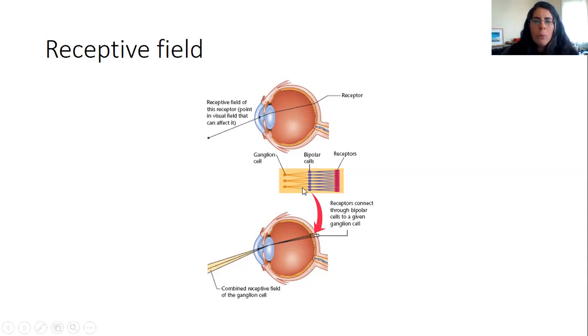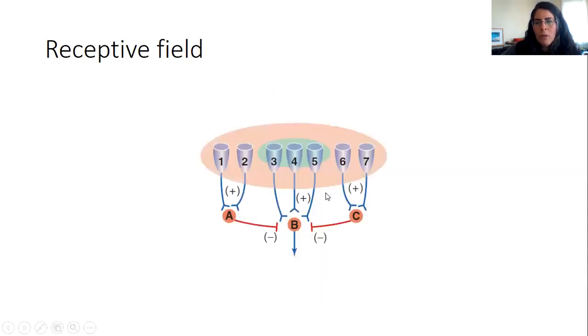Now again, when we get to cells further along in the pathway of processing visual information, especially when there is convergence, all of these receptors are part of this cell's receptive field.